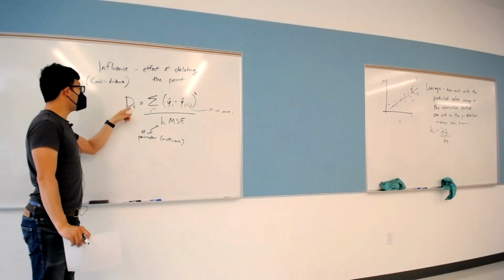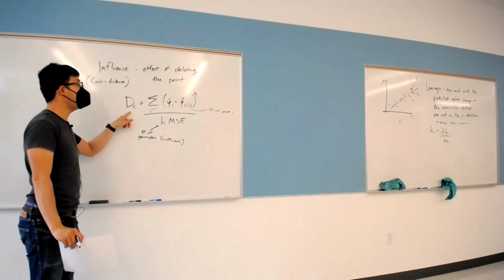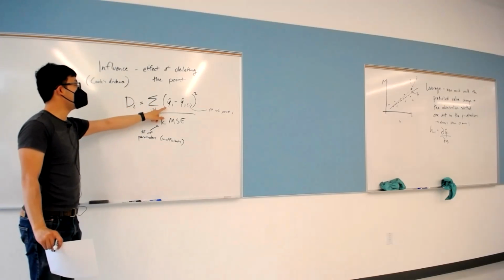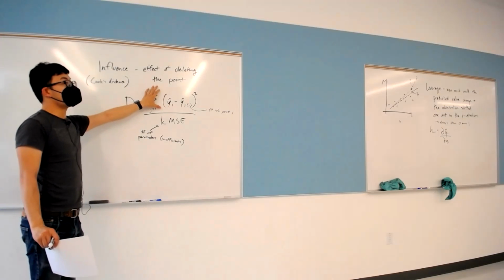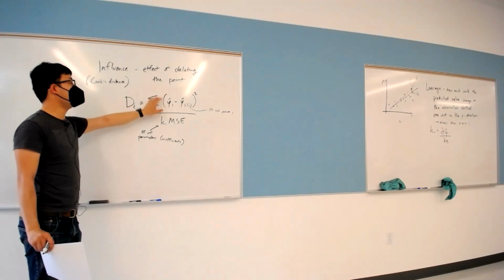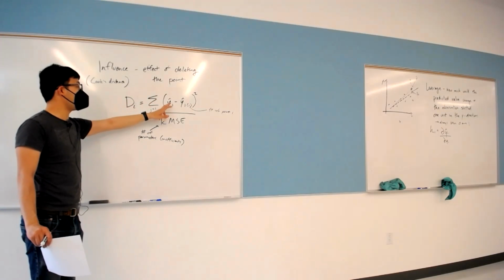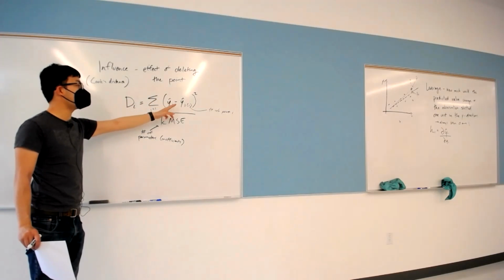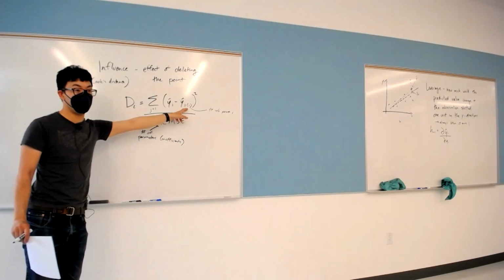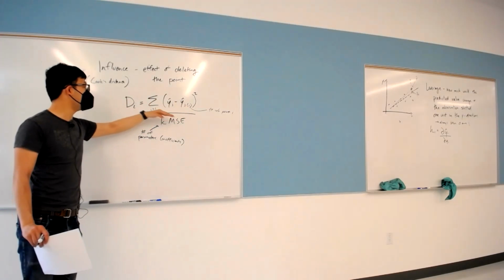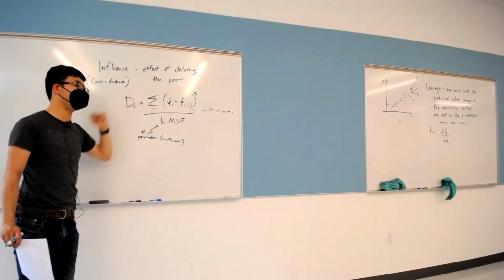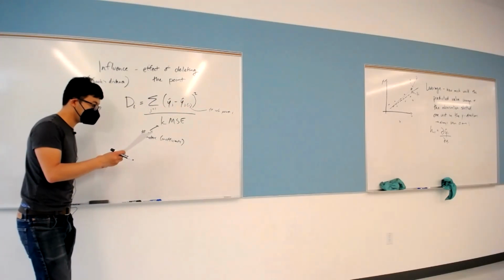So for a particular point Di, you take the sum of the squared error of the predicted value minus the predicted value without that point in your regression, and you divide it by your MSE.